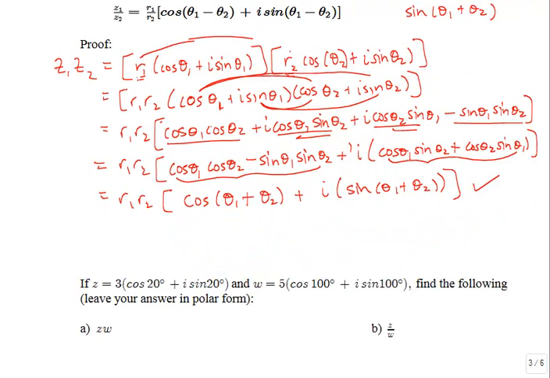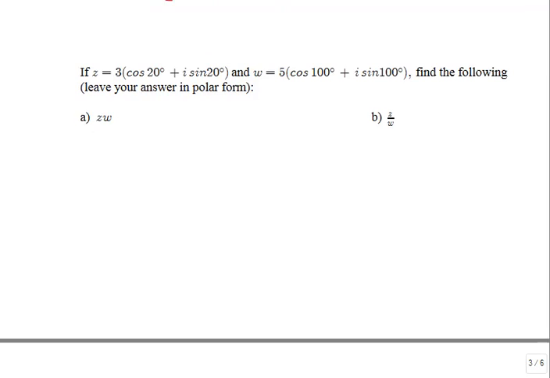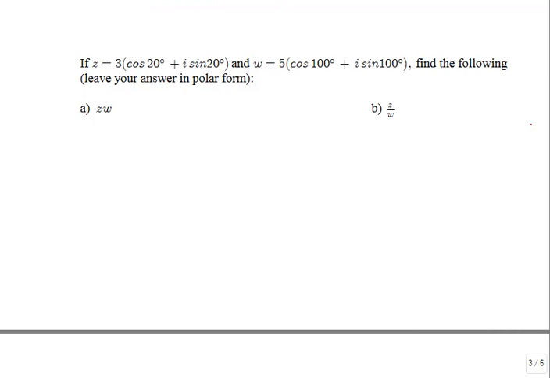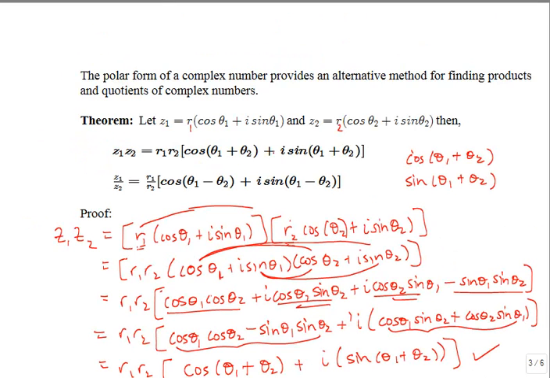Okay? So now let's put it into practice. Here are two complex numbers in their polar form, and all we're going to do is come up with what their product is and what their quotient is, and we're going to leave our answer in polar form. To get the product, all we have to do is multiply the two r's. So this 3 and this 5 give me 15. And then inside, remember for a product, you're adding the two angles for both cosine and sine.